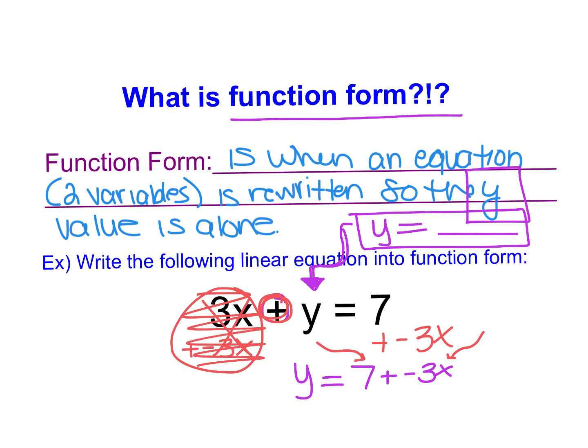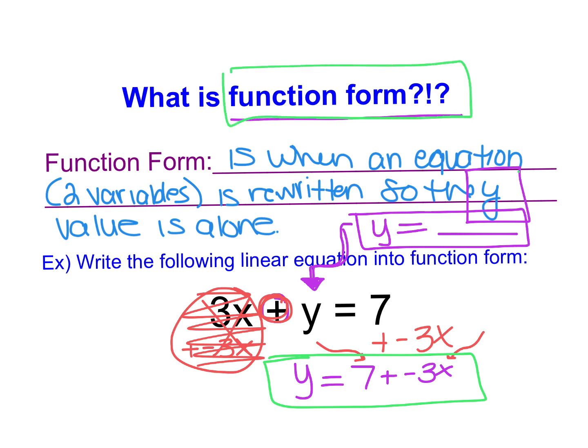As a result, those are not alike terms and cannot be combined. So, by adding that negative 3x to each side, we have now rewritten this equation so that y is alone. Notice that we just used some of our undoing rules to get y completely by itself. So this original equation written into function form, when y is alone, is y equals 7 plus negative 3x.